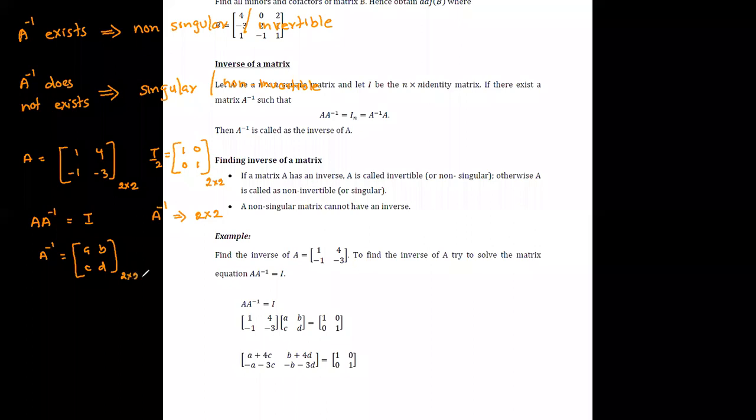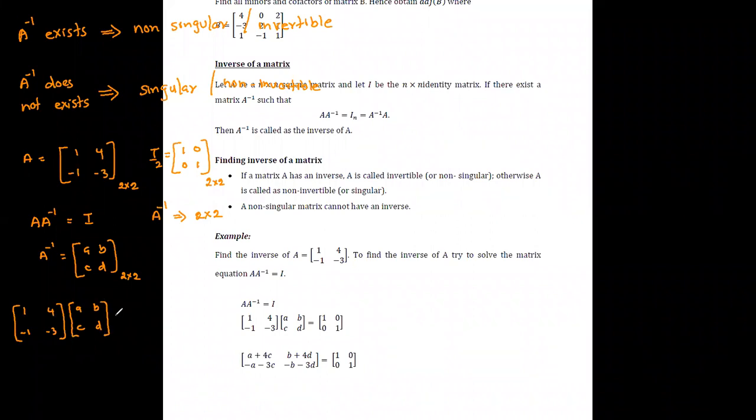Then matrix A, 1, 4, -1 and -3, times the 2 by 2 matrix a, b, c, d, is equal to an identity matrix of order 2.